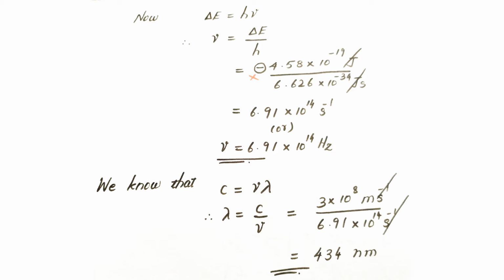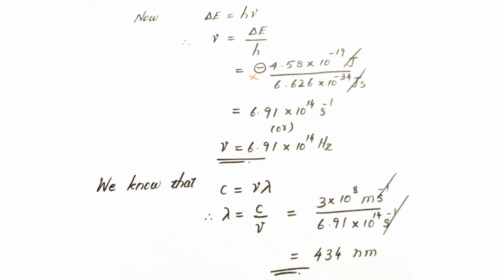Now please take note of another point. While you are substituting the values of delta E and h, please take special care in writing the corresponding units in the numerator and denominator, so that when you arrive at your final answer, you will not have any confusion regarding units.